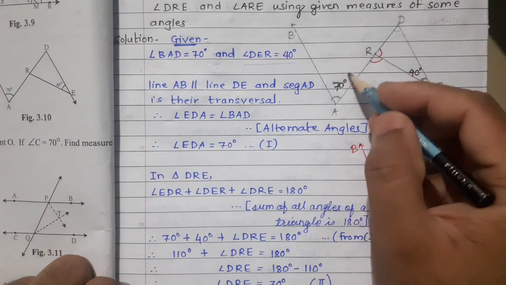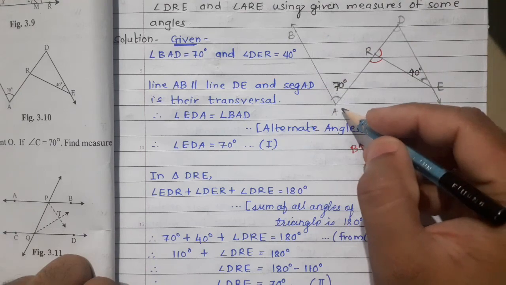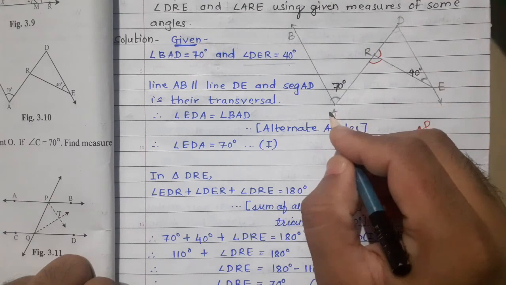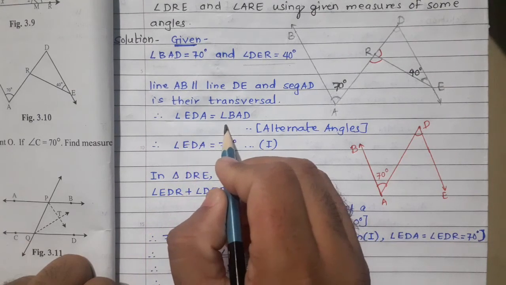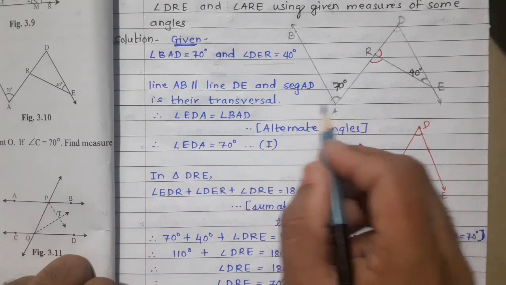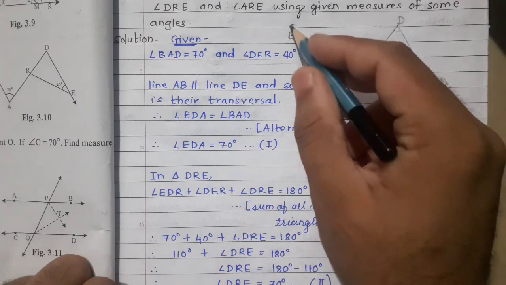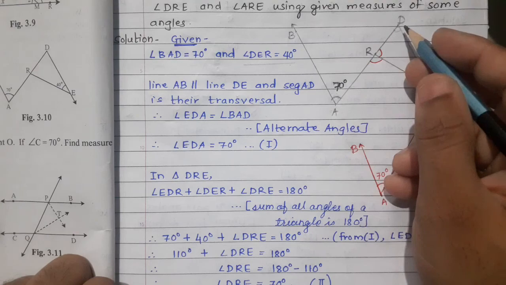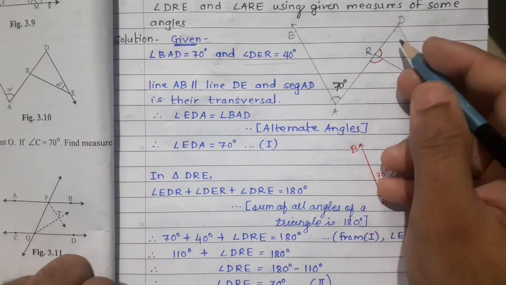Alternate angles are equal when two lines are parallel and segment AD is their transversal. So we can write angle EDA is equal to angle BAD. Reason is alternate angles. If two lines are parallel and one line is their transversal, then the alternate angles are equal or congruent.